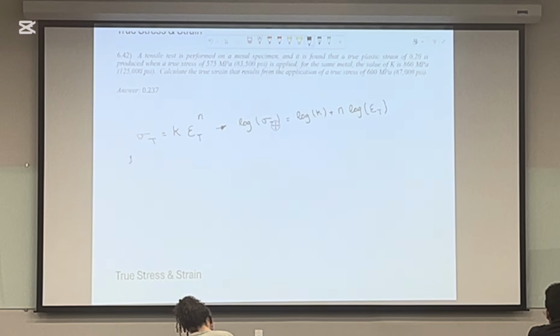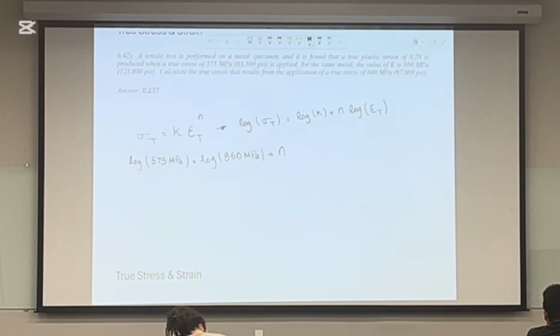So I have log 575 megapascal equal to log of K, which is 860 megapascal, plus N, which we are looking for, times the log of epsilon, which is 0.2.